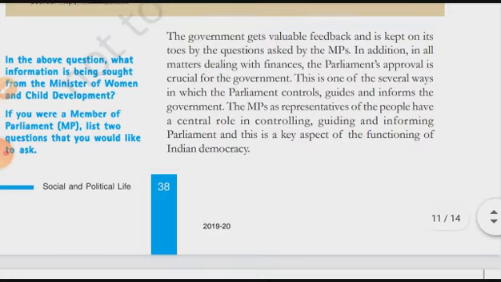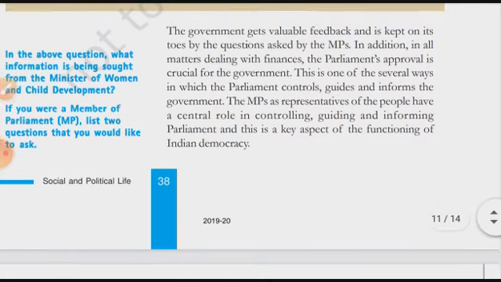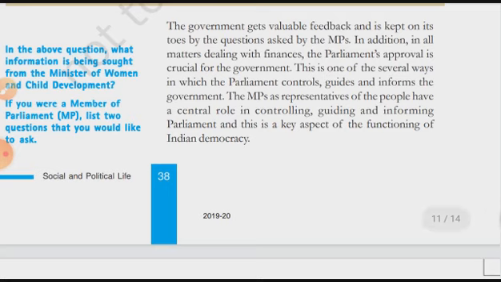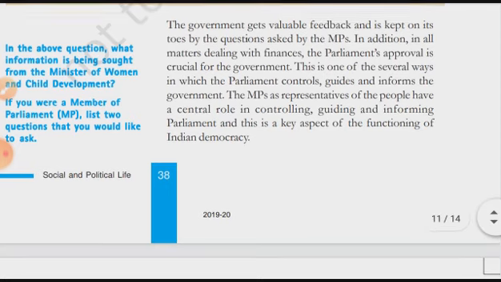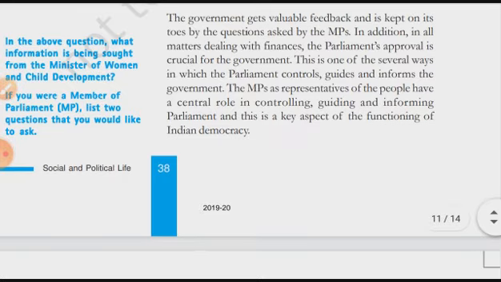This is one of the several ways in which the parliament controls, guides and informs the government. The MPs, as representatives of the people, have a central role in this, and this is a key aspect of the functioning of Indian democracy.